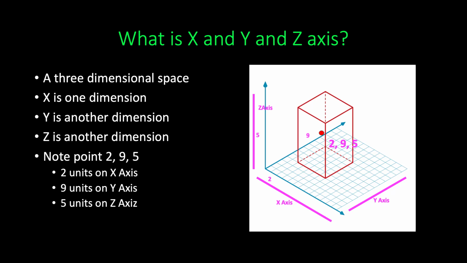You can see that we are traveling 2 on the x, 9 on the y, and 5 on the z to get to this point. Hope you got it.